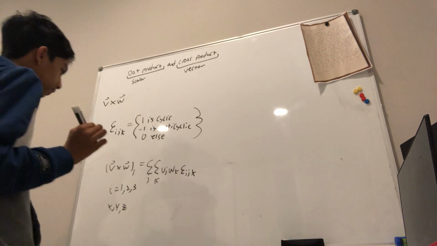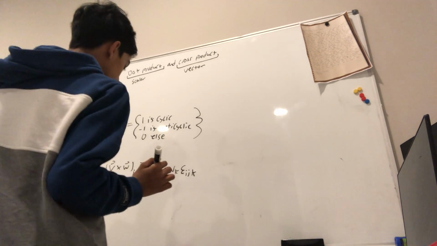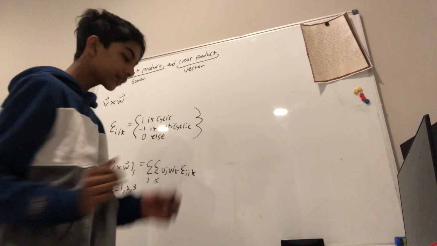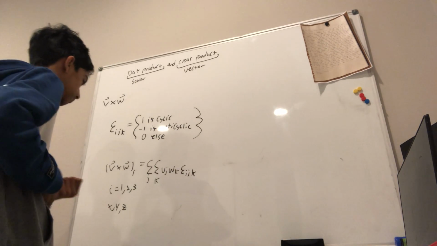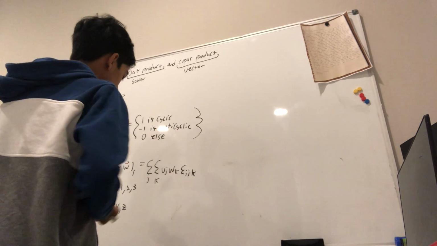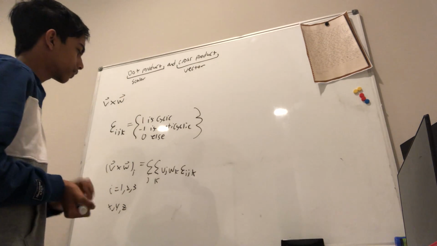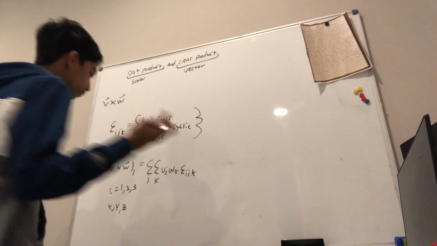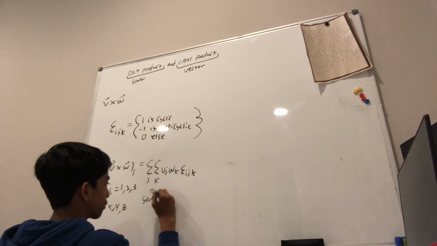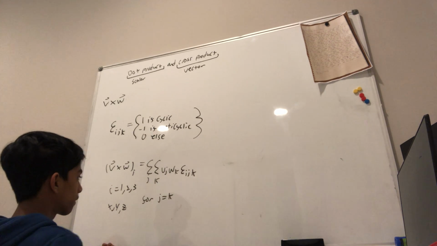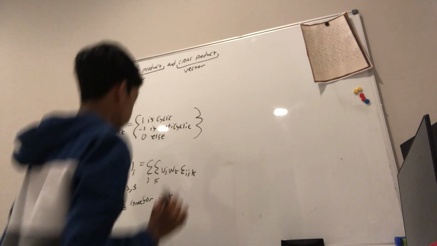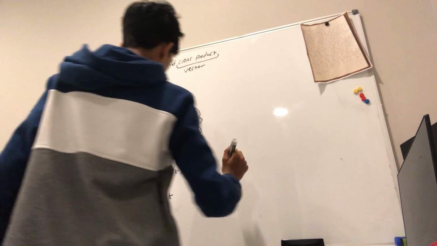When we are summing over J and K, if we wanted to do this quickly and efficiently, we can always ignore J equals K. So what if we wanted to find the X component?